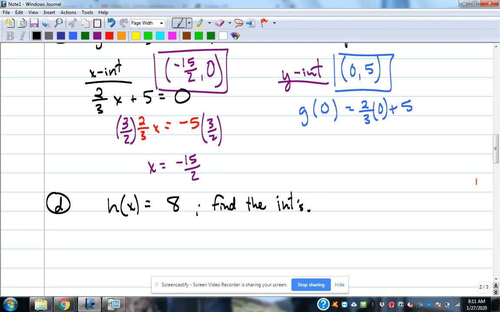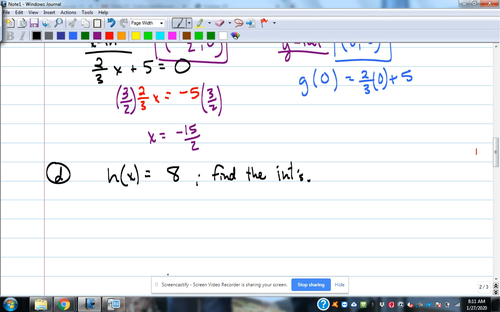But what are they? 0, 8 is the what intercept? So the y-intercept is at 0, 8. What's the x-intercept? Doesn't have one, so it's none. What do we know the graph of that looks like? A horizontal line across at 8 on the y-axis.